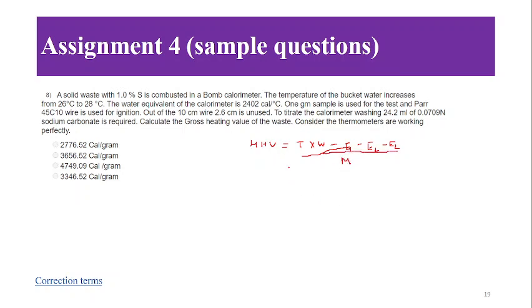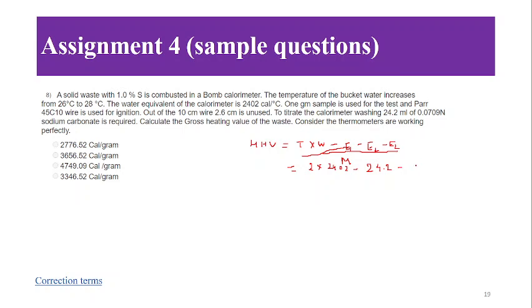So temperature rise will be 26 to 28, so 2. This will be 2402, and E1 will be based on the volume of sodium carbonate used. So this will be 24.2.